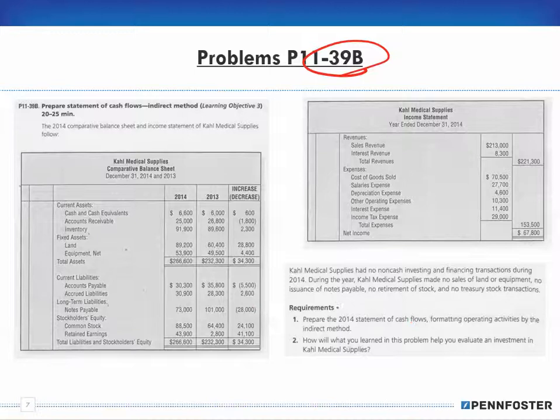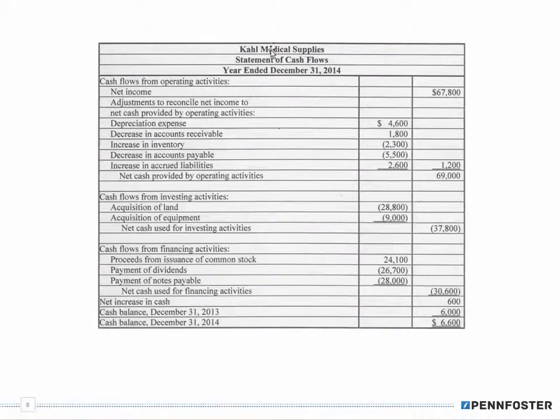Right, so it says prepare the statement of cash flows using the indirect method, and how will what you learned in this problem help you evaluate an investment in the medical supplies company. So here's the statement of cash flows, and real quick, make sure you have the right heading. I start out by breaking out the different sections, and then I write in my net income, and I go down through all the different activities.